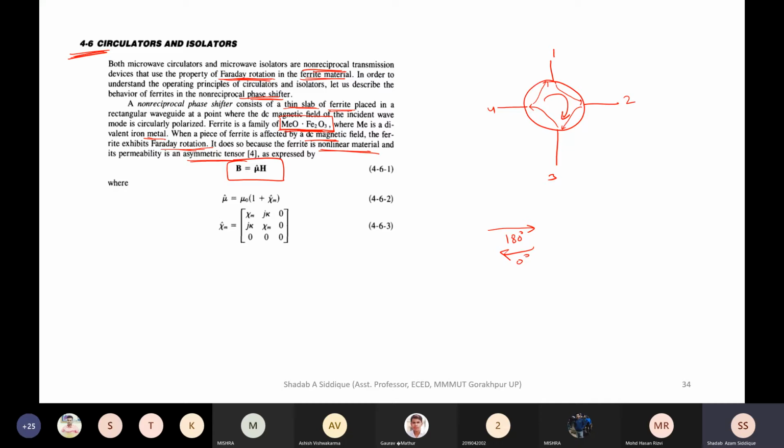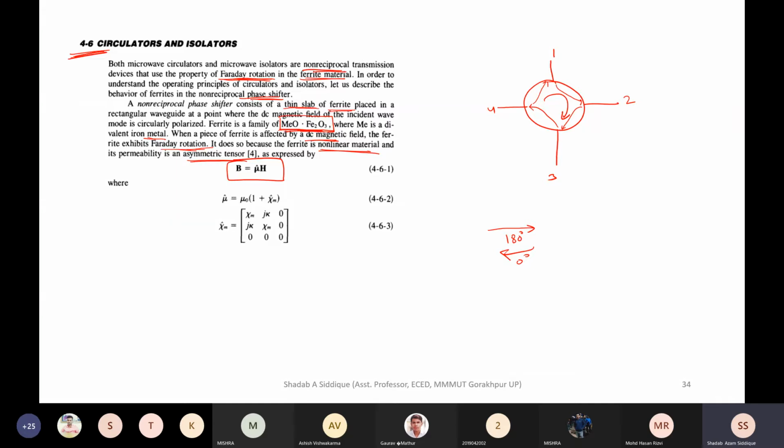The isolator and the circulator are both non-reciprocal transmission devices, and they basically use Faraday rotation. Faraday rotation is used because we are using ferrite material, which is used to make a non-reciprocal phase shifter.